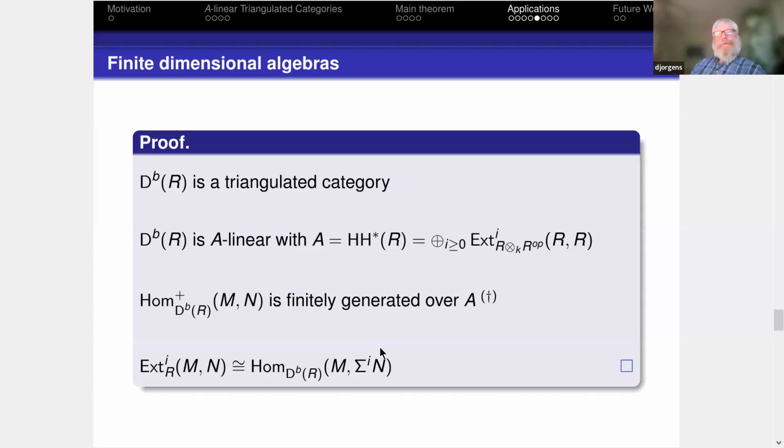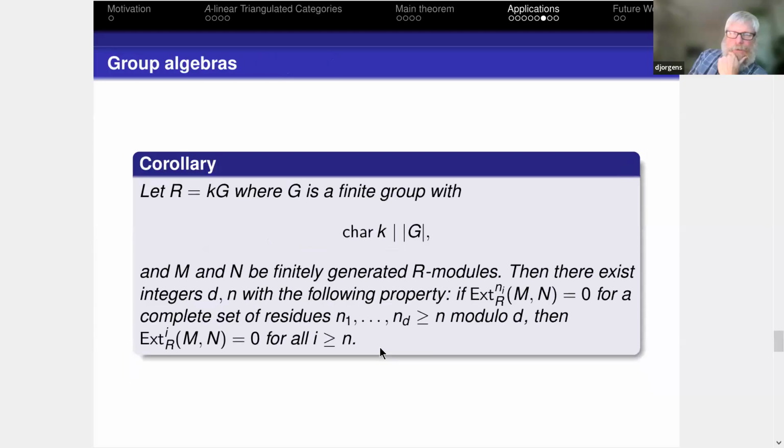So the theorem applies to these cases of finite dimensional modules over finite dimensional algebras. Third application, which is the application to group algebras. So here, G is a finite group and R is the group algebra over a field K whose characteristic divides the order of the group.